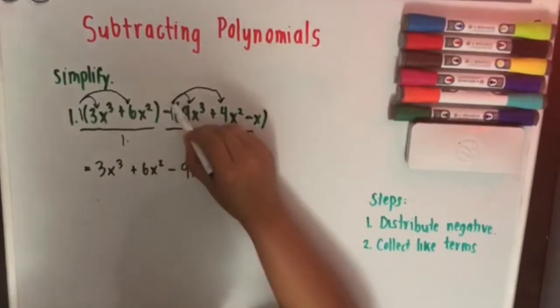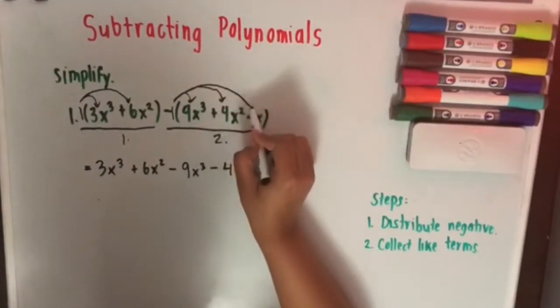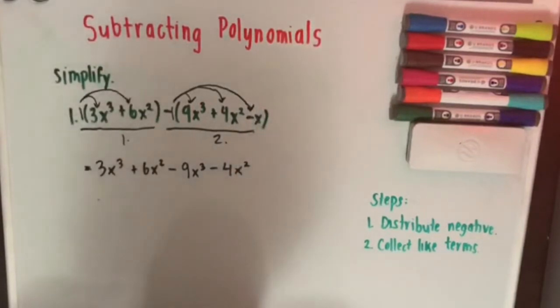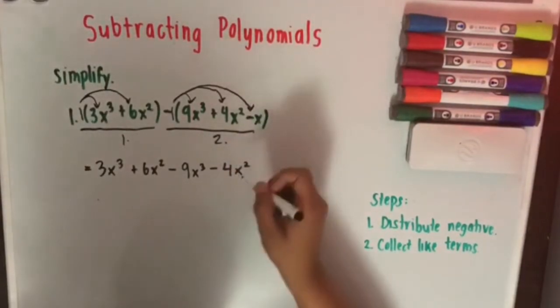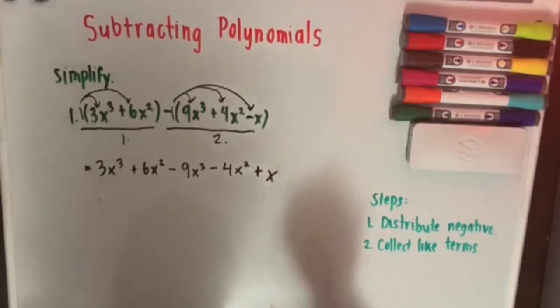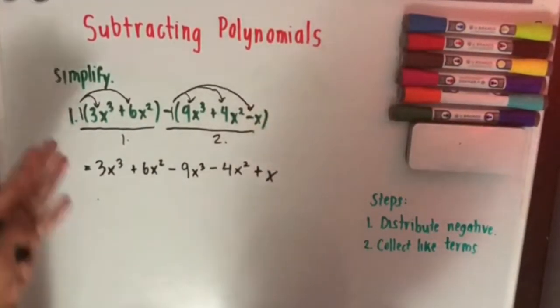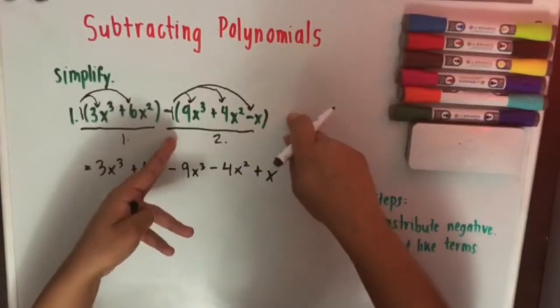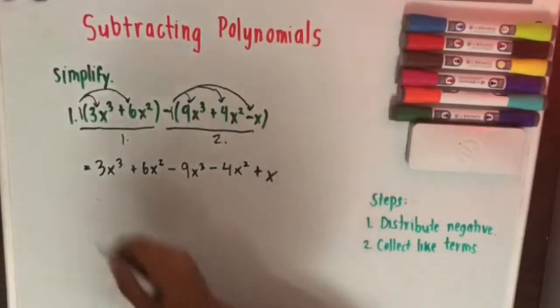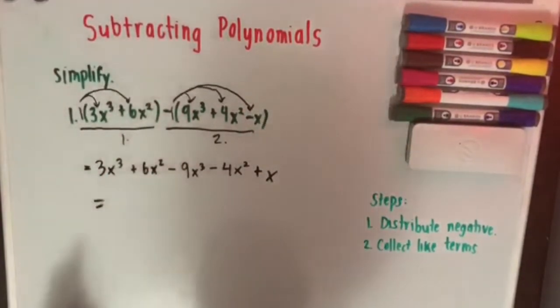Negative 1 times negative x. A negative and a negative is a positive, hence positive x. That was simple. We did our distributive property for the first part, and then we did our distributive property for the second. Pretty simple if you ask me.